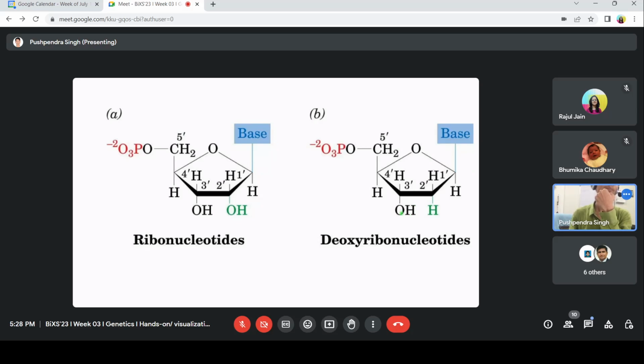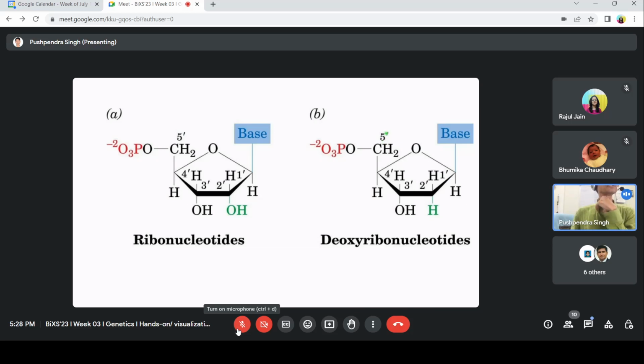Because of the absence of one oxygen here compared to the RNA, this is called deoxyribose sugar. So in DNA there is deoxyribose sugar, and in RNA it is ribose sugar.